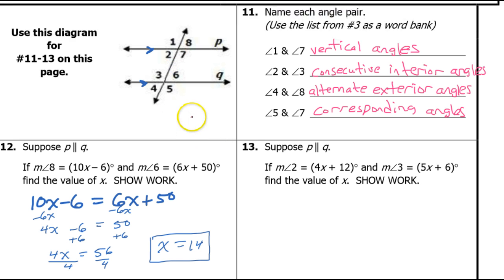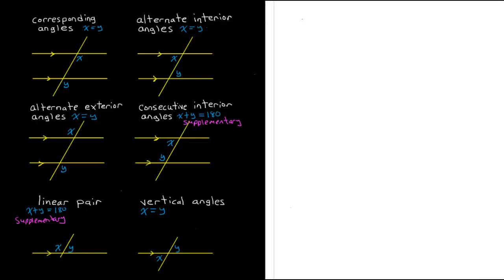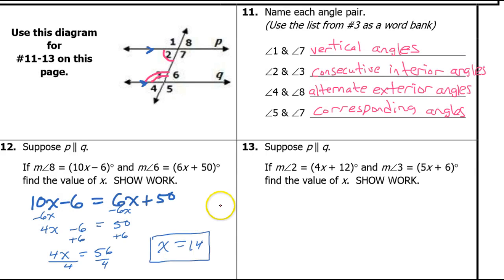Angle 2 is right here, and angle 3 is right here. Those are consecutive interior angles. Those are definitely going to be supplementary. Many of these angle pairs are congruent. Looking at the notes, congruent, congruent, congruent, but this one is supplementary. That means they have to add up to 180.